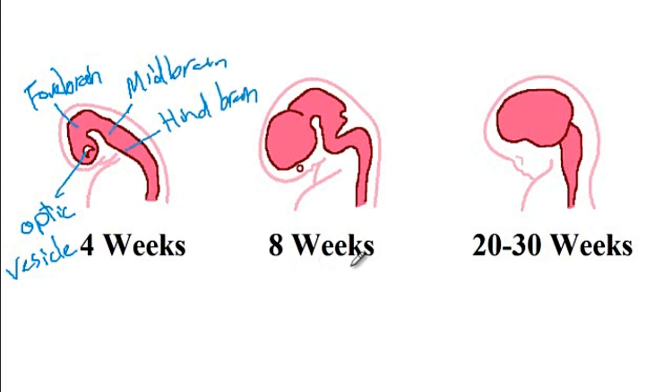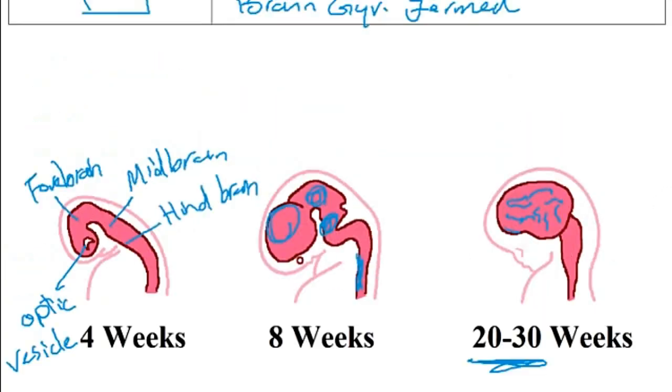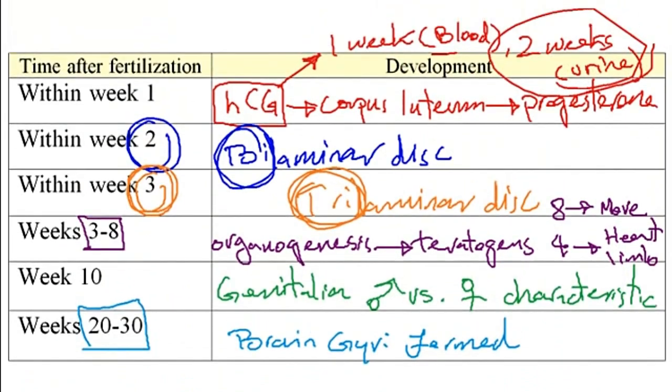At around 8 weeks, it's more developed, so we have the forebrain, the midbrain, and hindbrain, and then the spinal cord, and then finally it's at around 20 to 30 weeks gestation when the brain gyri will start to develop. Alright, and that concludes our discussion of different developmental changes that happen during different time periods post-fertilization.